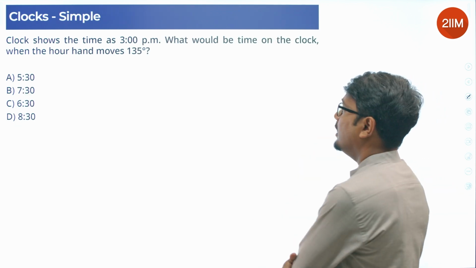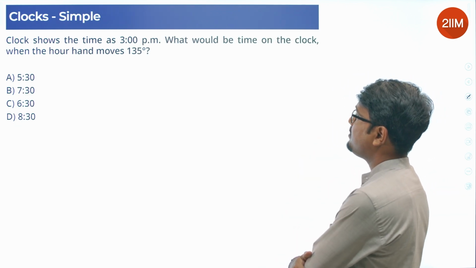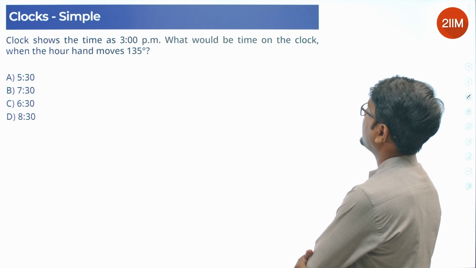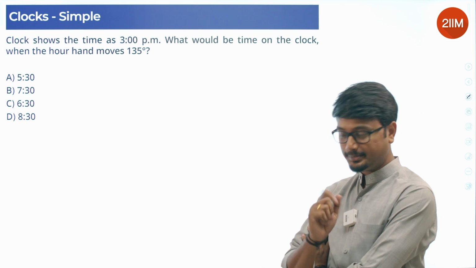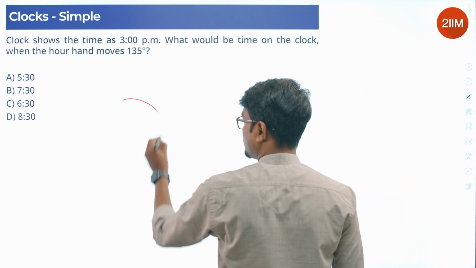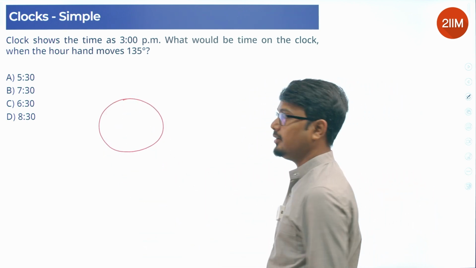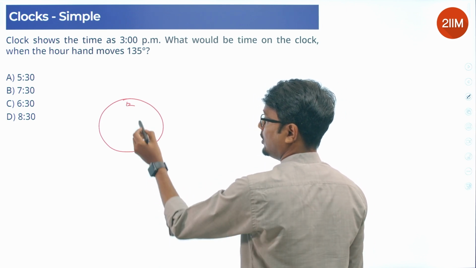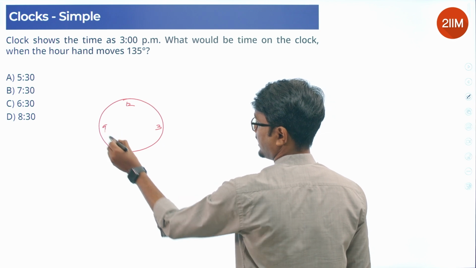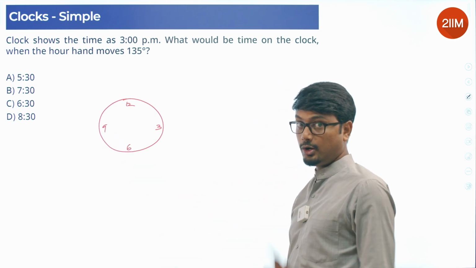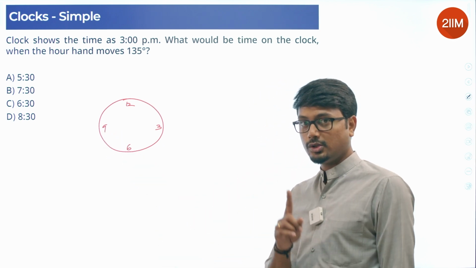Clock shows the time as 3 p.m. What would be the time on the clock when the hour hand moves 135 degree? Okay, hour hand. So let's say one hour hand from 12 o'clock to again 12 o'clock. So this is 3, 9, 6. So hour hand alone, leave the minute hand, focus on the hour hand alone.